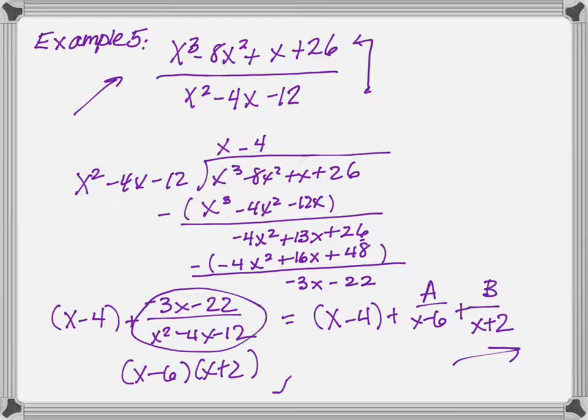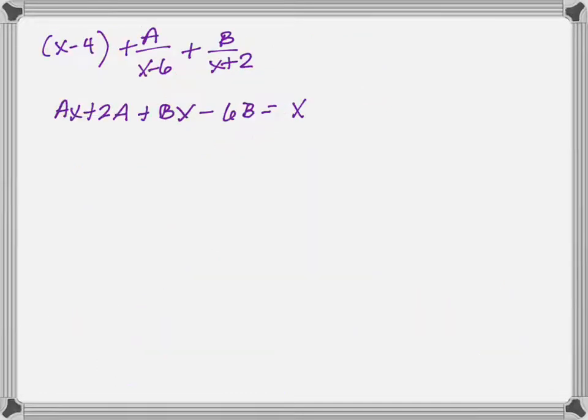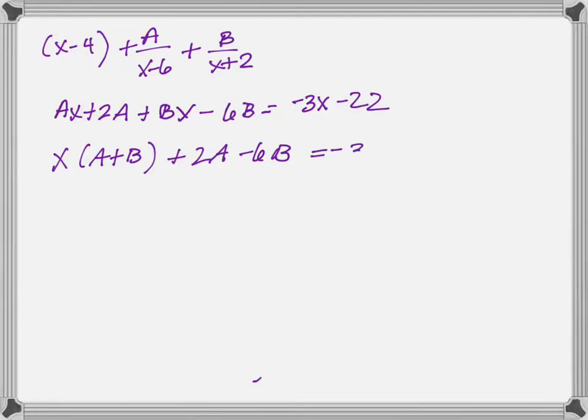It's right here, negative 3x minus 22. So equals negative 3x minus 22. Okay, so x factored out, and you get a plus b, and your constants are plus 2a minus 6b equals negative 3x minus 22.